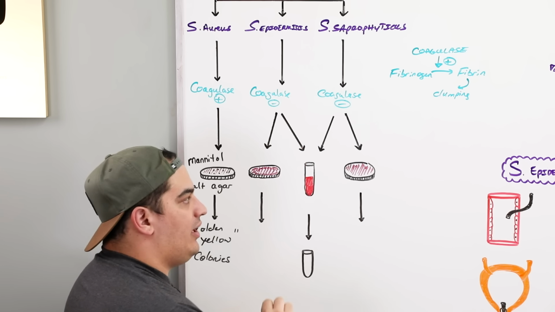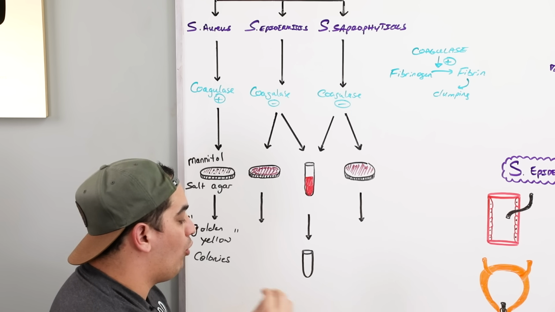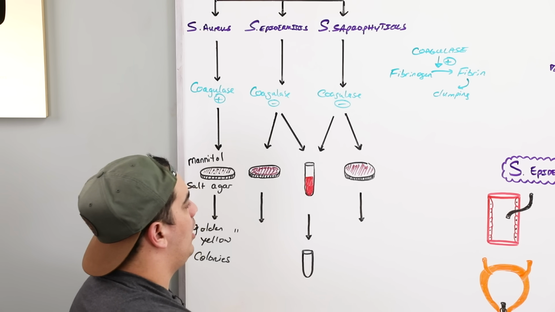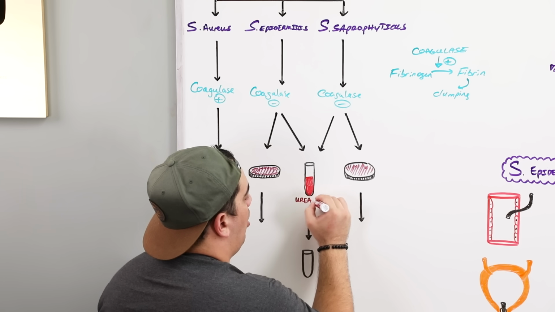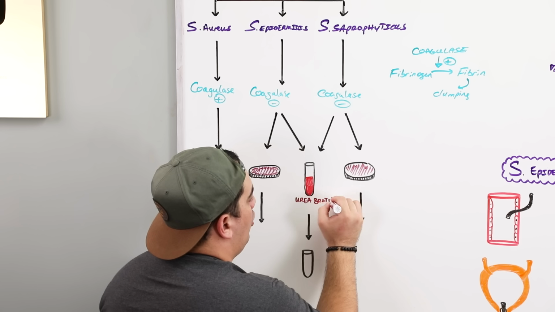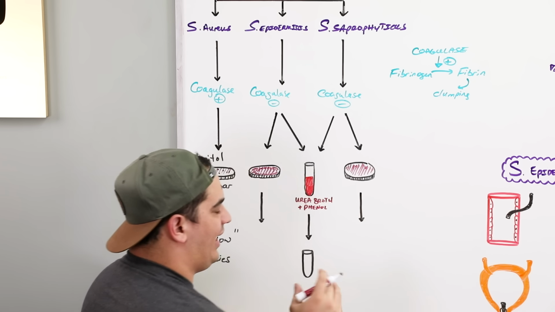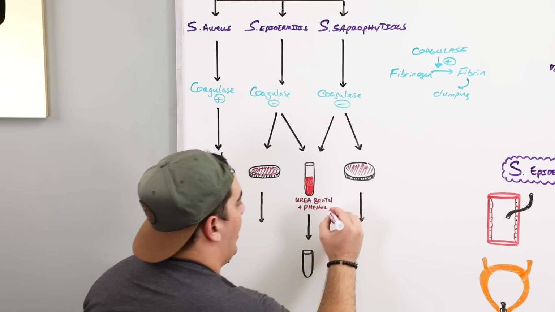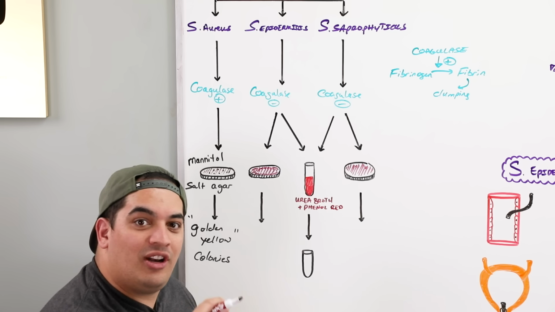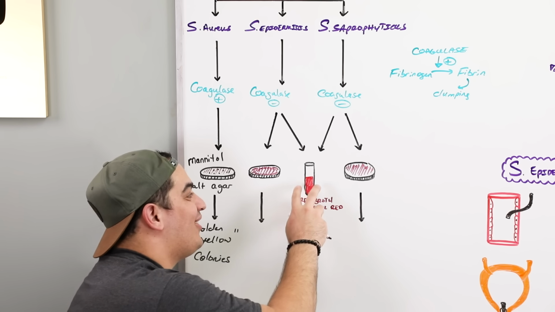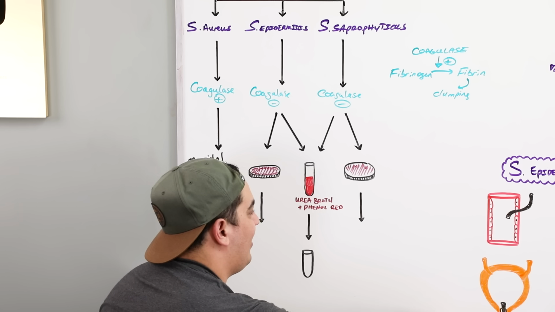If you were to put these bacteria into a solution of what's called a urea broth, which contains phenol red, kind of like a color indicator, you put both of these bacteria into this, they're going to turn the color of that solution into a very beautiful pink color.